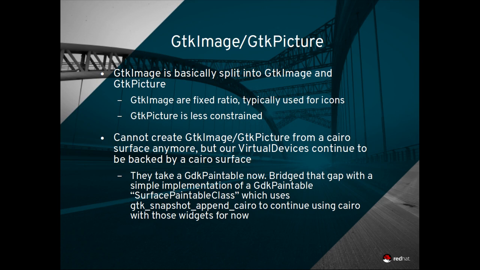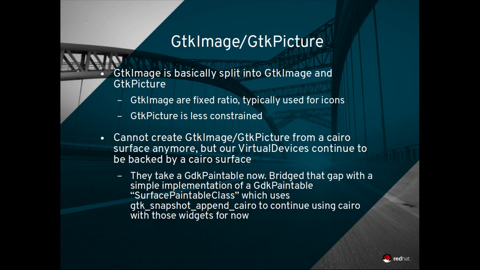We have to decide at load time, at runtime, what type of destination GTK4 widget the source GTK3 image has to be converted to. So if we can see that it's loading an icon, then it's a GTK image, which is the typical case. And if we see that it's doing something different, such as the help about case, then we have to convert to GTK picture. So that adds a little bit of complexity to the conversion process.